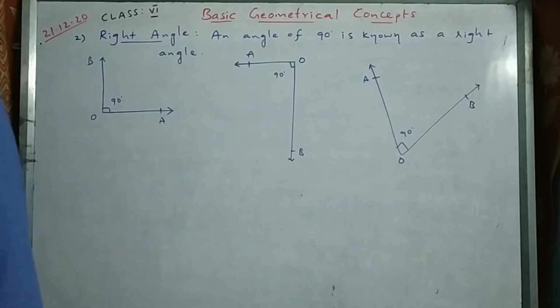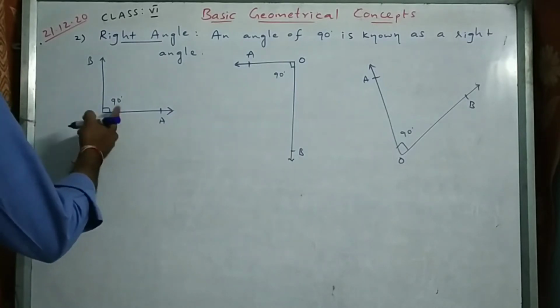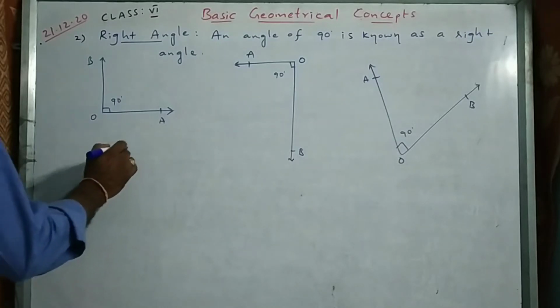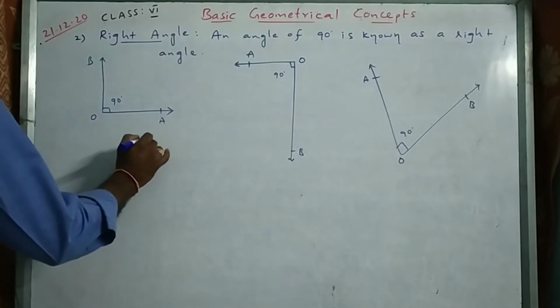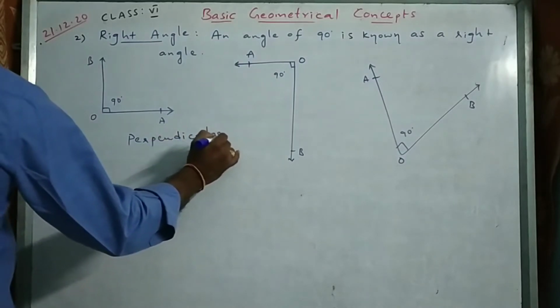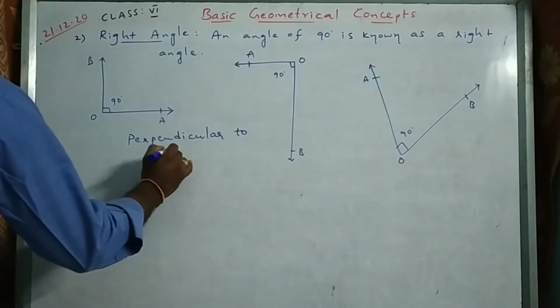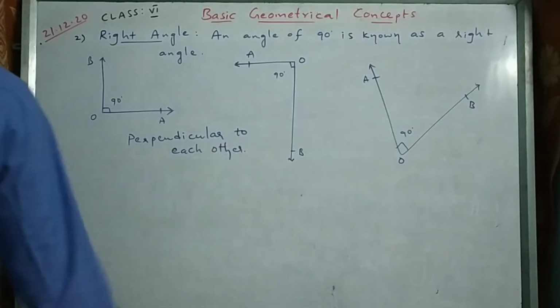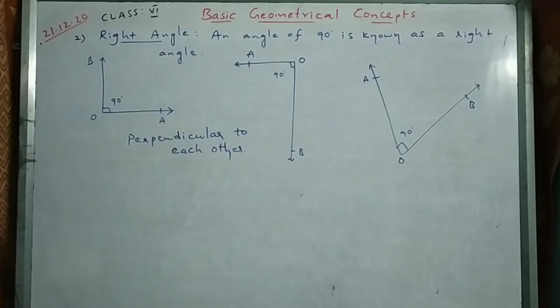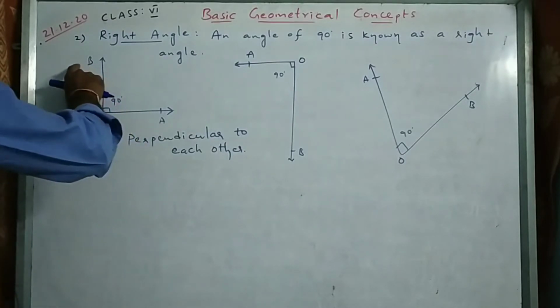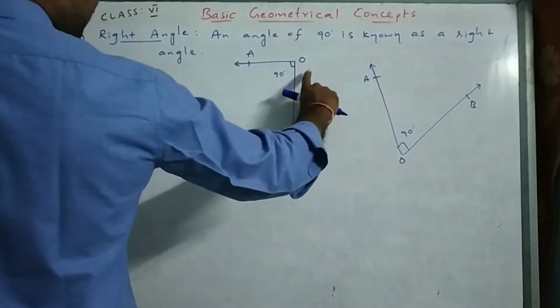Suppose the angle between the two rays is 90 degrees, they are said to be perpendicular to each other. If the angle between the two rays is 90 degrees, this ray is perpendicular to this ray.